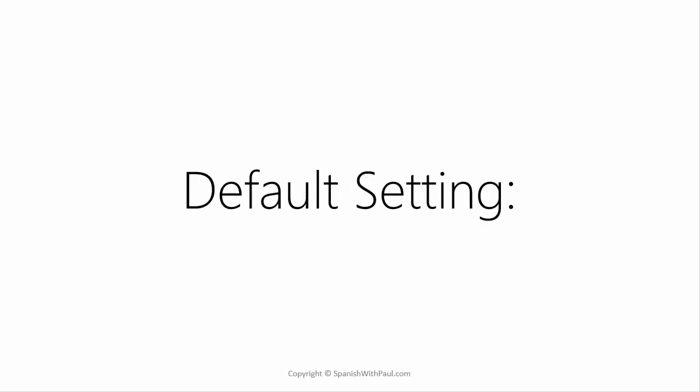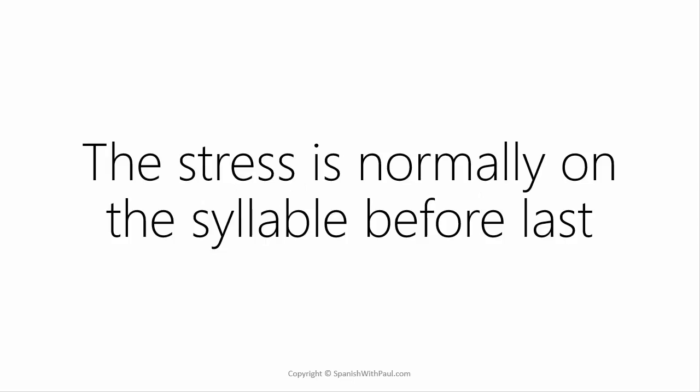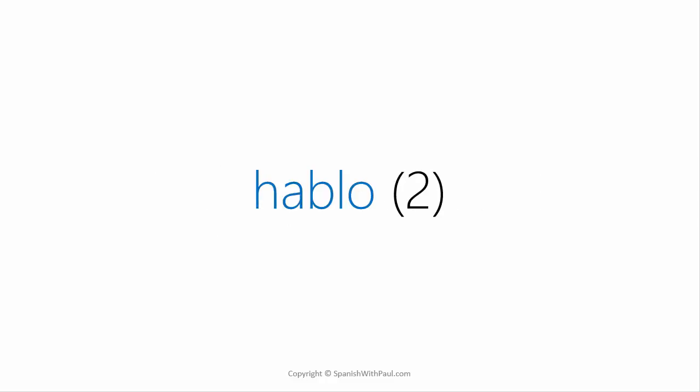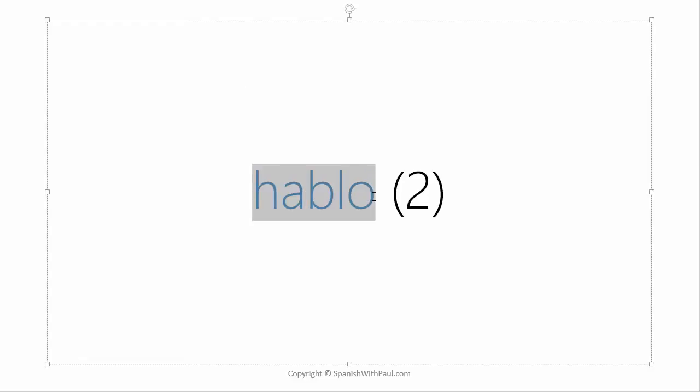Fortunately, in Spanish, there is a default setting for where the stress normally comes. It normally comes on the syllable before last. As some examples, let's break down some words into syllables. For example, we have hablo, which is I speak. Here we're dealing with two syllables, a and blo.